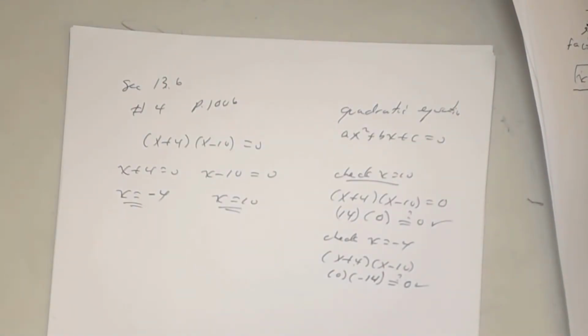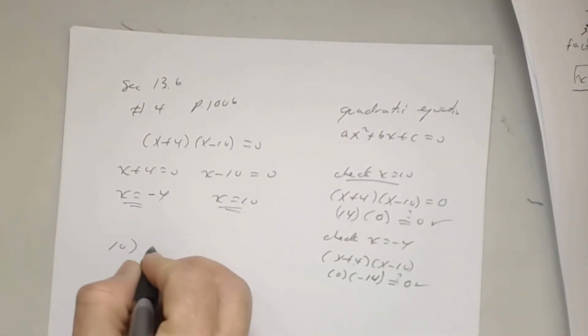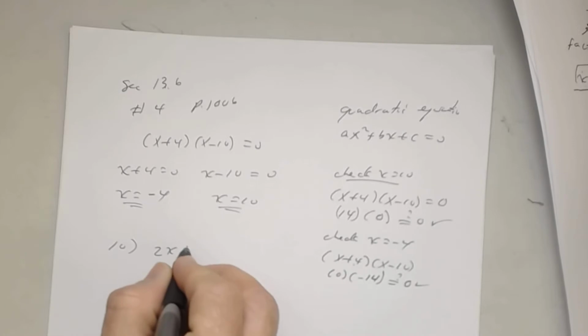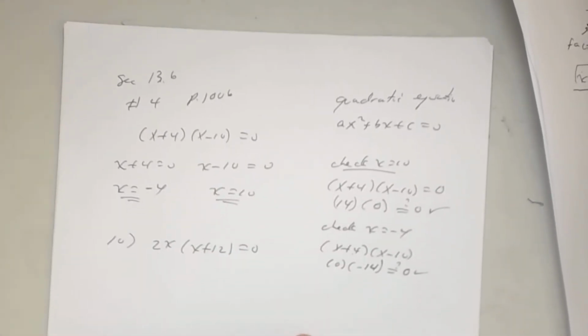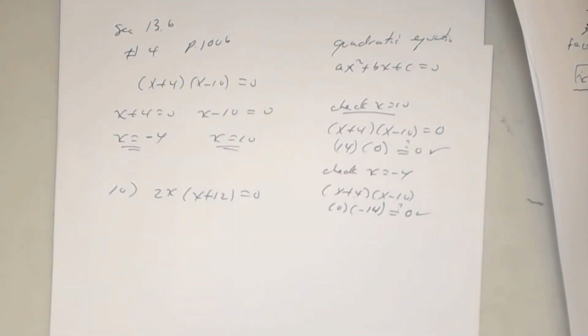Okay? All right, number 10. You have 2x times x plus 12 equals 0. Now, in number 4, let's look up at number 4. Some of you didn't notice at first that number 4 was a quadratic equation.